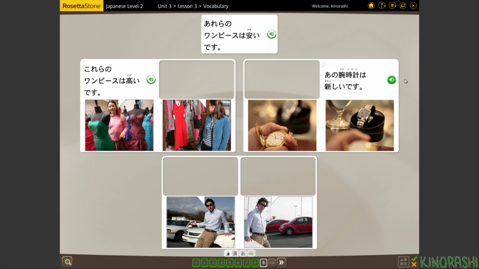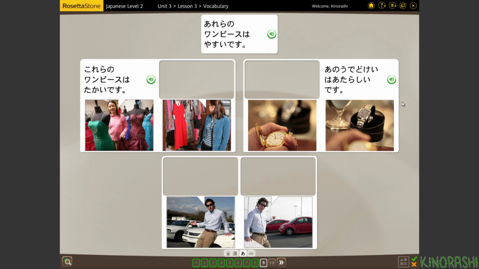あの腕時計は新しいです。Ano udedoke wa atarashi desu.